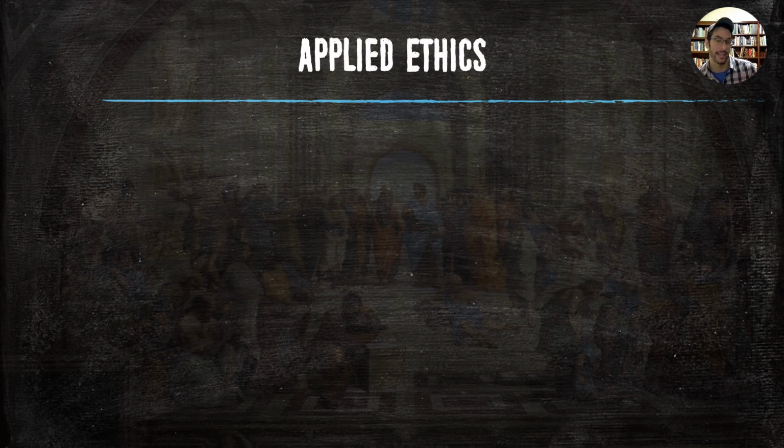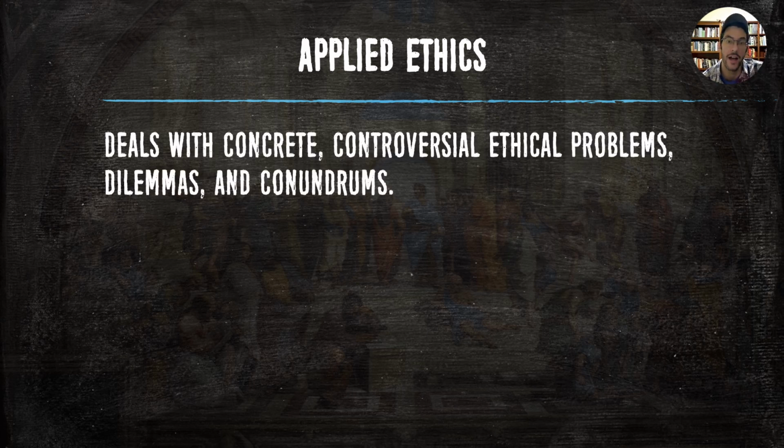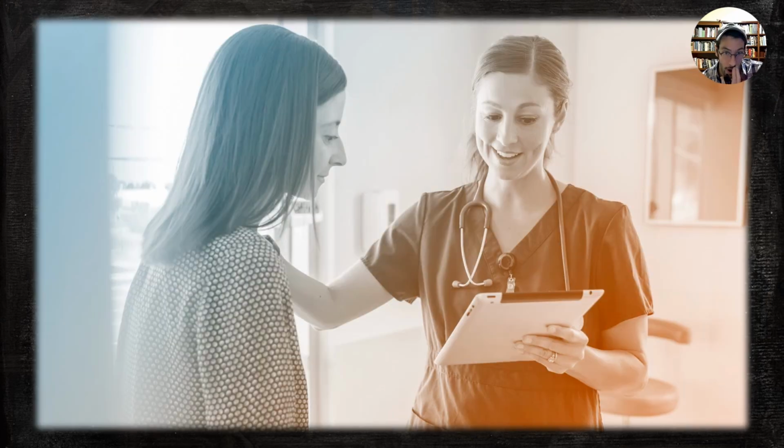All right, so the last main branch of ethics that we'll discuss is applied ethics. This is the branch of ethics that deals with concrete, controversial ethical problems, dilemmas, and conundrums. So examples of popular moral problems addressed in applied ethics are the question of abortion, for instance.